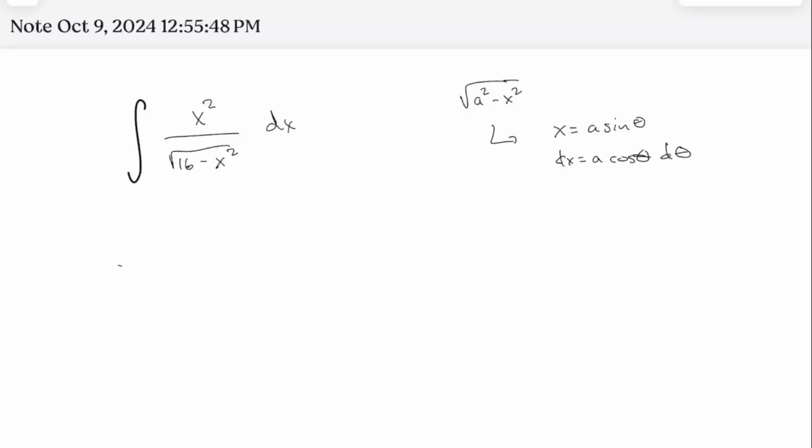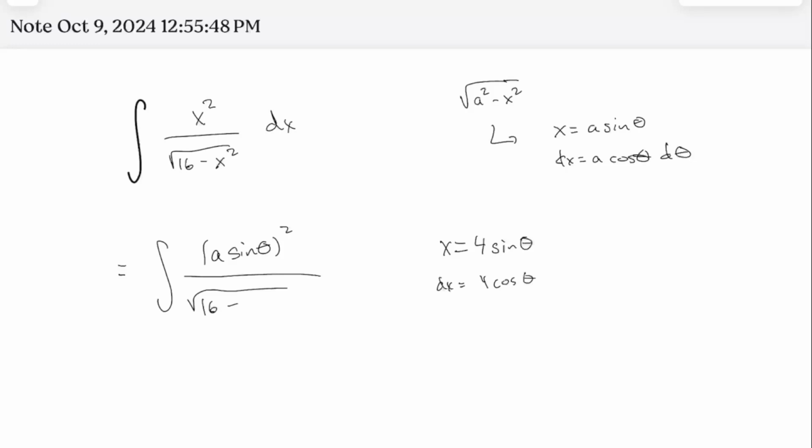So I am going to plug in where I see x is a sine theta. So this is a sine theta squared. And on the bottom, square root 16 minus, sorry, not a. What's a in this example? 4, yeah. So I'm going to do x equals 4 sine theta. That means dx will be 4 cosine theta d theta.